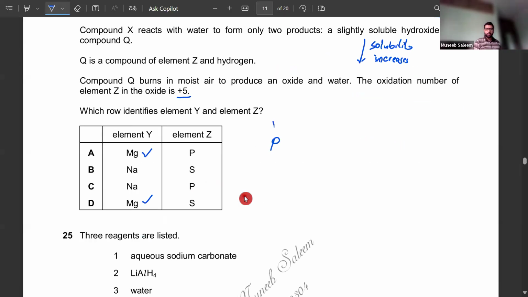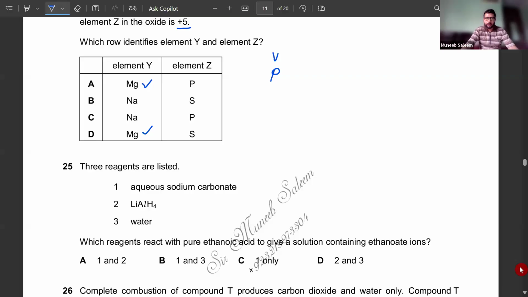Phosphorus is present in group 5, and if it makes the oxide, being in group 5 it will have 5 electrons. That means it will lose all 5 electrons to have +5 charge on it. On the other hand, sulfur is present in group number 6. When it loses all of its 6 electrons, it will have +6 charge on it.